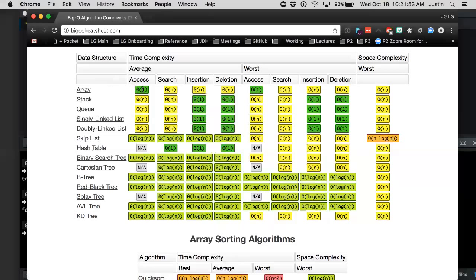And why is that? Because if you have an array and you want to get the 70th element, you don't actually have to go from the first element to the second to the third to the fourth to get to that 70th. Because an array is this kind of fixed length thing, you can just say, take where I am and go 70 spaces down, and you can jump right to that value.